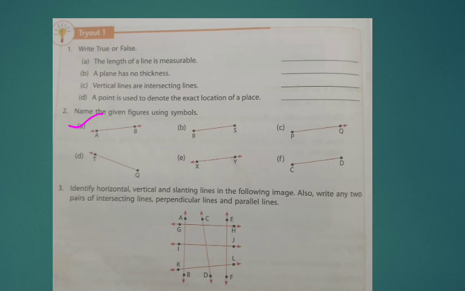Here A and B are points, and on both sides they are denoted by arrow marks. If you put an arrow mark, it means it is moving on both sides. Moving on both sides means it is definitely a line. So A represents line AB.